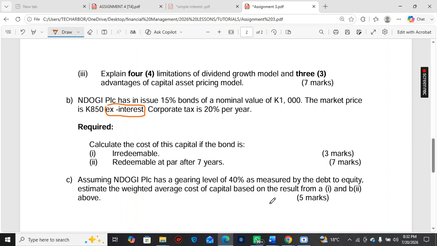Does anybody remember what I said when we say x interest? X interest means if you buy this bond and then sell it to another person, that person you're selling to won't receive the first interest payment.